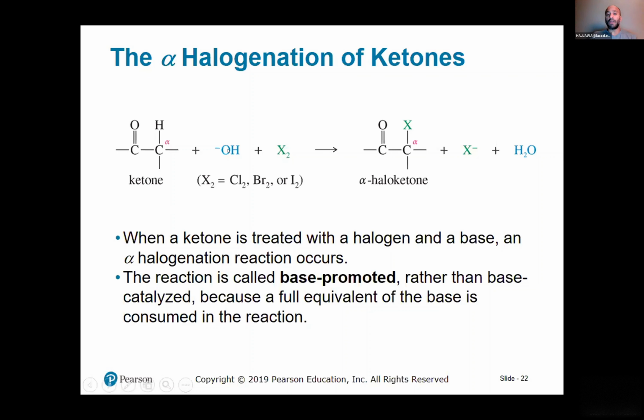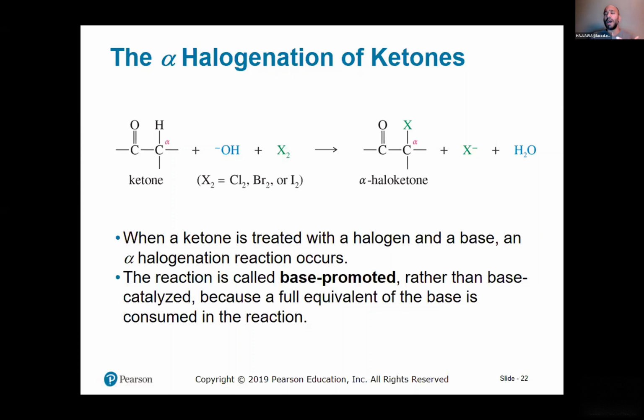In the presence of a hydroxide and halogen, you're going to generate the deprotonated structure, that's the enolate, and that enolate will attack the halogen to give you the alpha haloketone plus X minus plus water. So this can be done in the presence of acid or in the presence of base. So it could be acid catalyzed alpha halogenation of ketones or base catalyzed alpha halogenation of ketones.